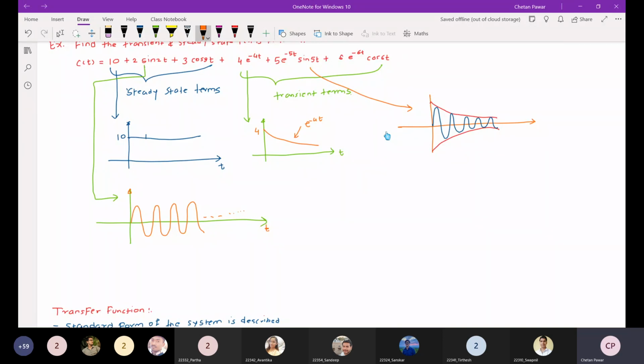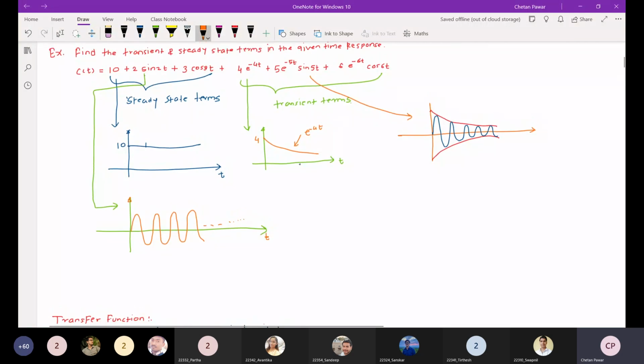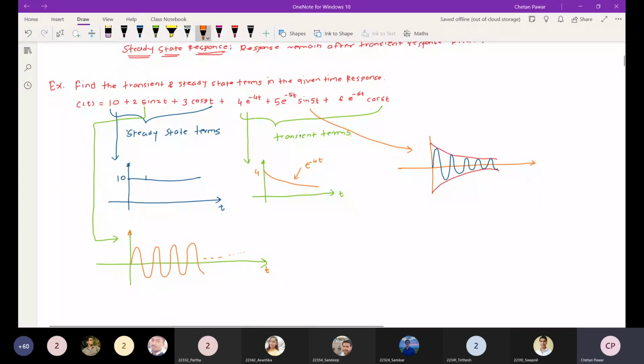Okay, so if we see the S domain, what will be the pole location for this? Can anyone tell me? What will be the S domain pole locations?